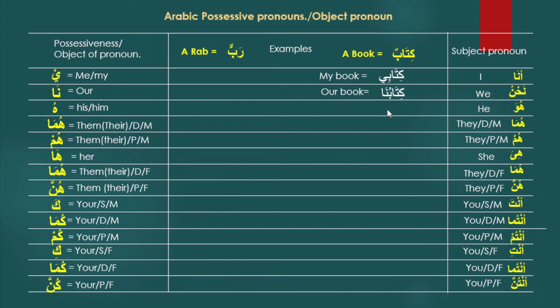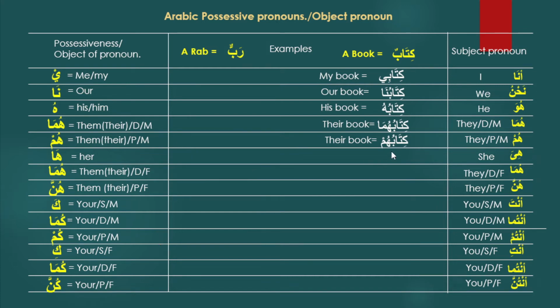And his book, what will be his book? Guess. Who is the him? Kitabu, hu. His book. And their book, kitabuhuma. Kitabuhuma, their book, for dual. And for plural, kitabuhum, because hum is our object, meaning them.